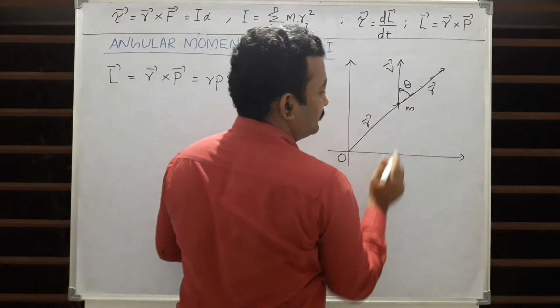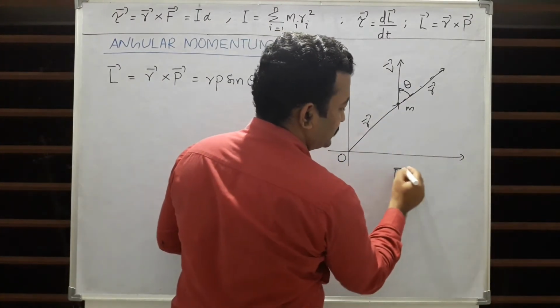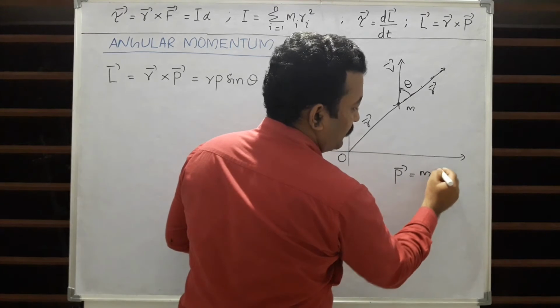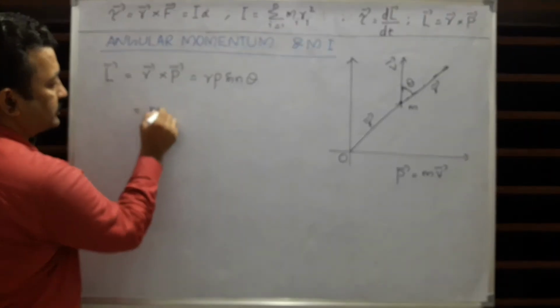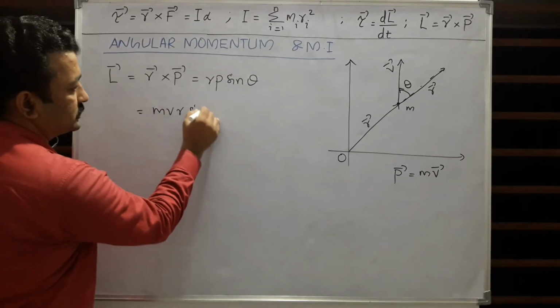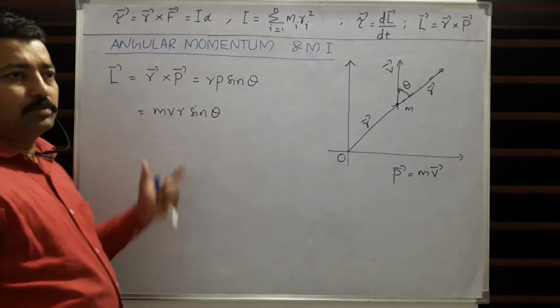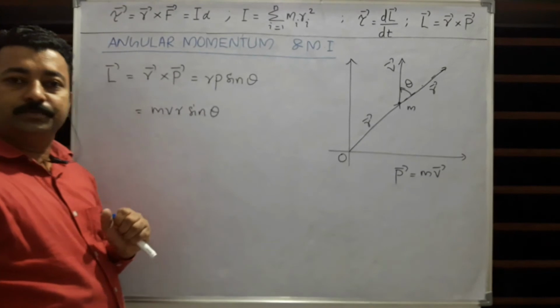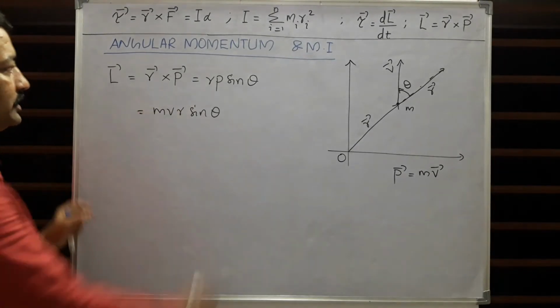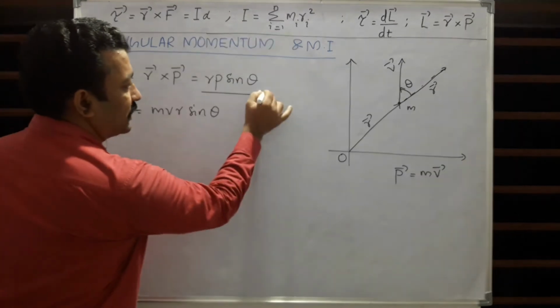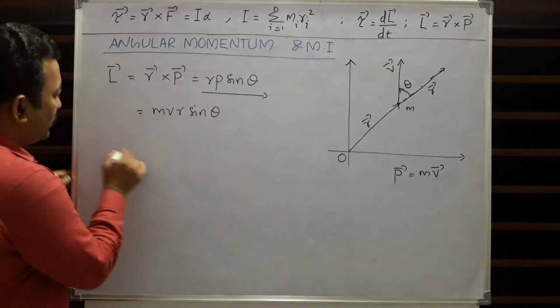Since m is the mass and v is the velocity, linear momentum can be expressed as m into v, so this can also be written as m v r sine theta, the most general expression. So I can say L is a cross product of r and p, and this gives the magnitude of angular momentum. And what about the direction?